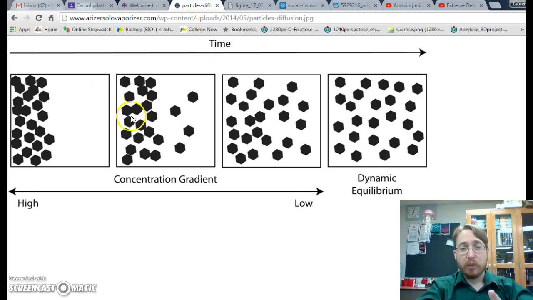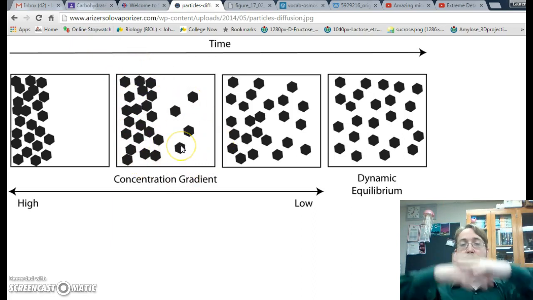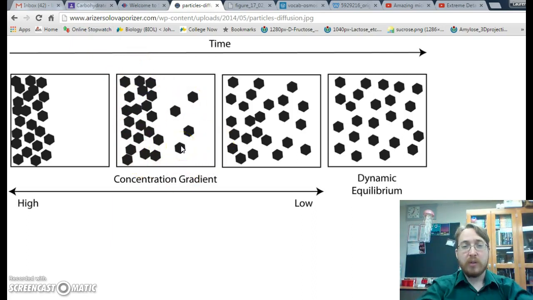But because there are so many more of these guys on the left side than there are on the right side, the overall difference is that if maybe one of these guys gets sent back, then 4 or 5 of these guys are going to get sent forward. So it's not that everything always moves from this side to this side. It's that over time there is more movement from the high side to the low side.